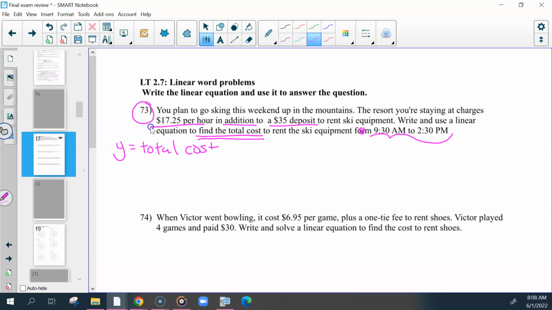This would be the cost per hour. Our x would be the number of hours. And then our b would be the deposit, or initial deposit.